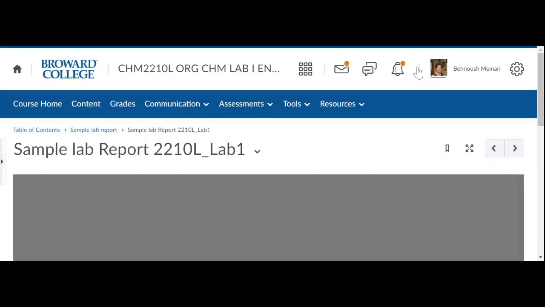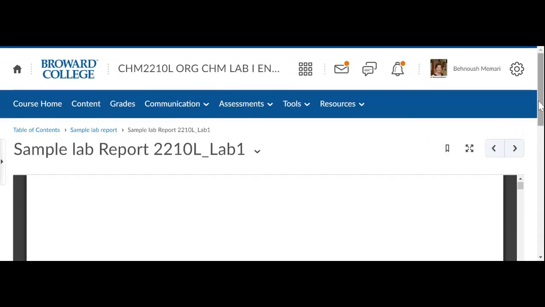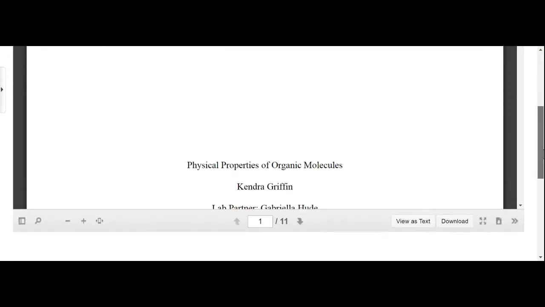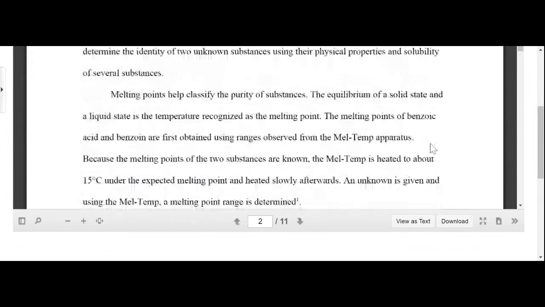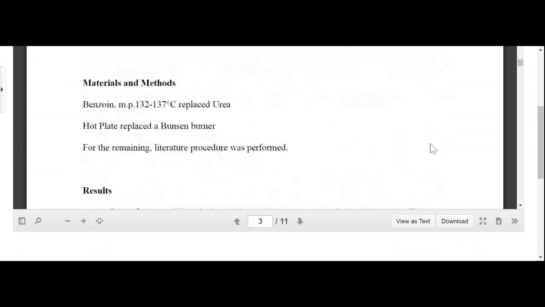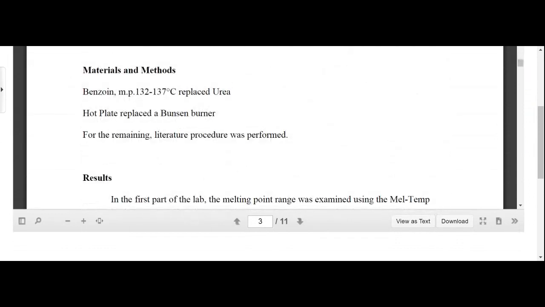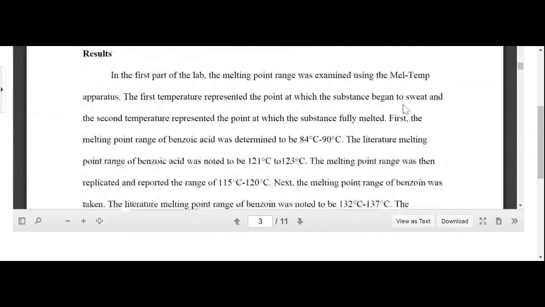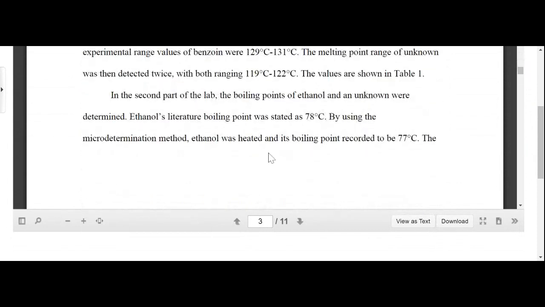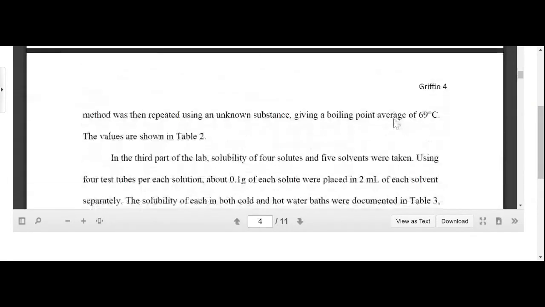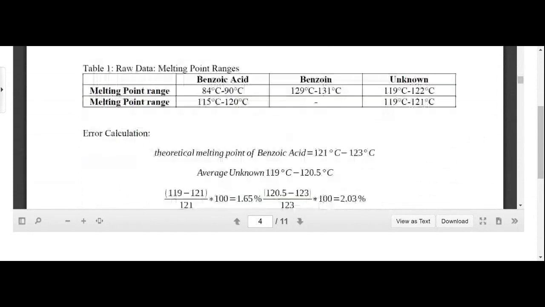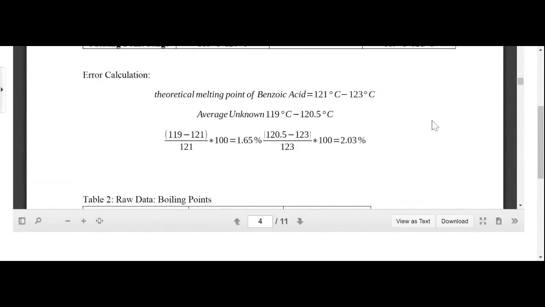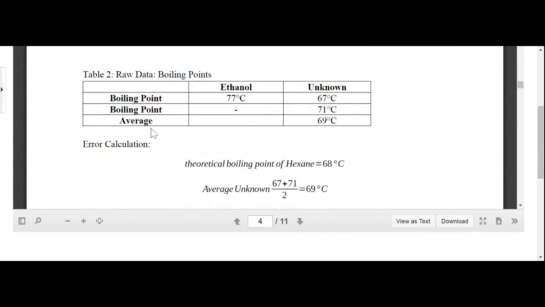If you open this lab report, you have the title page, the abstract, the introduction, materials, which is optional. The results paragraph is not needed. The table is needed. Calculations, yes, are needed.